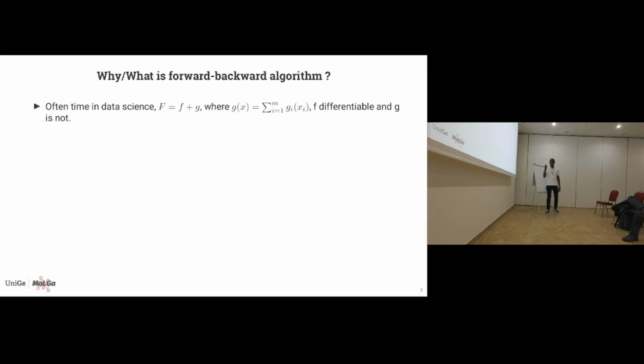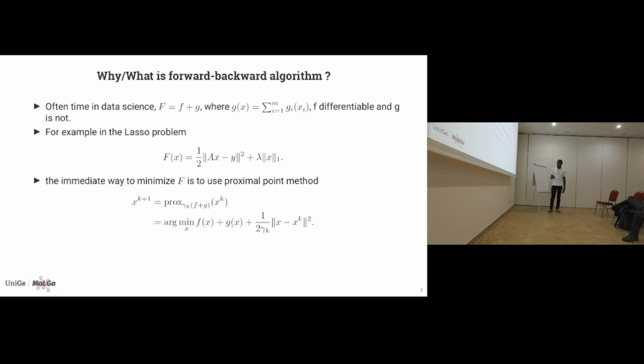Sometimes in machine learning, signal processing, and inverse problems, the function you are trying to minimize is of the form f plus g, and the g is separable. A simple example is the lasso, where the L1 norm is your g. So you can say, okay, I will apply the proximal point algorithm.